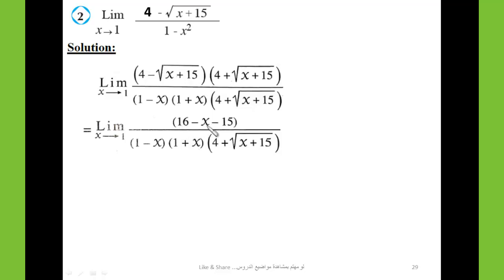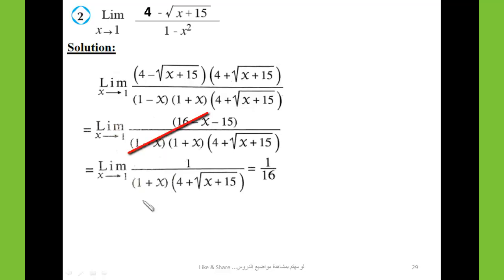Again, 16 minus 15 equals 1. 1 minus x equals 1 minus x. So we can cancel it to be in this form. So the numerator will be 1, and the denominator equals 1 plus x after you cancel 1 minus x with 1 minus x here. So we have in the denominator 1 plus x multiply 4 plus root x plus 15.